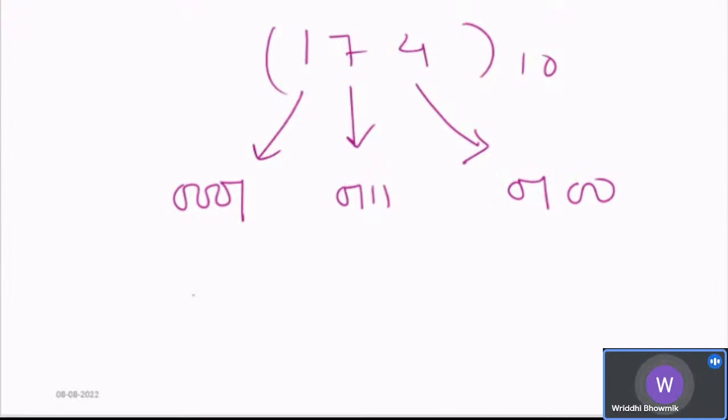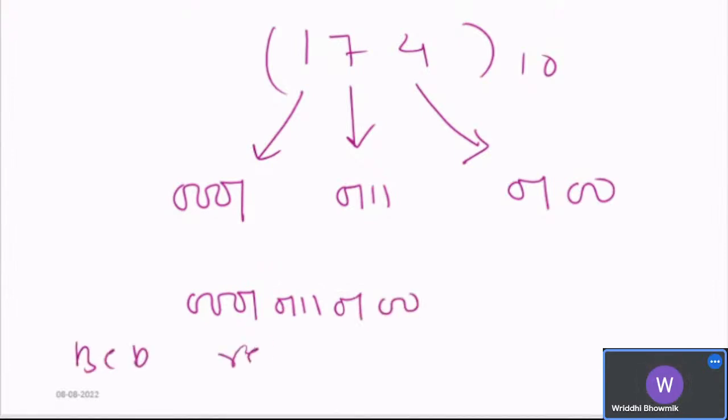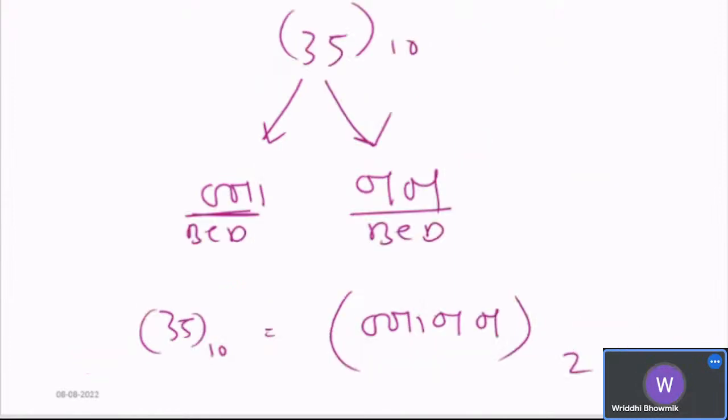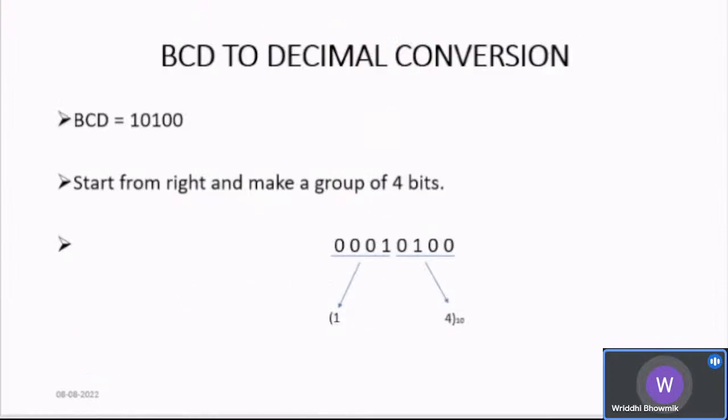So the final representation is 0001, 0111, 0100. This is the BCD representation of 174 base 10. Okay, another example, 2479.